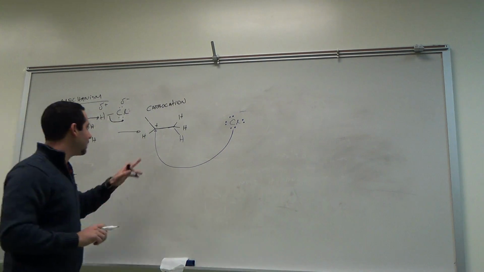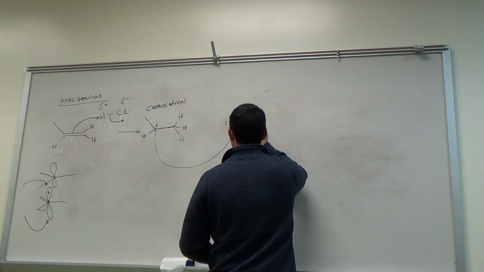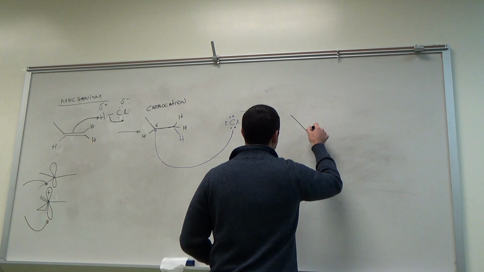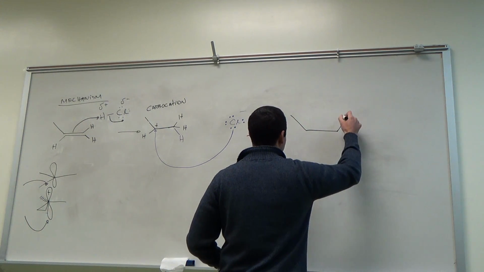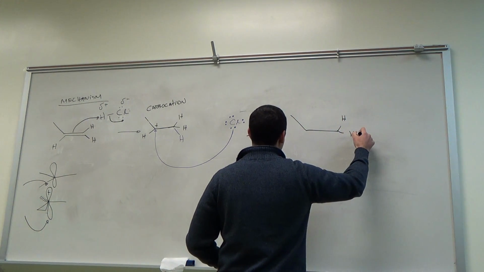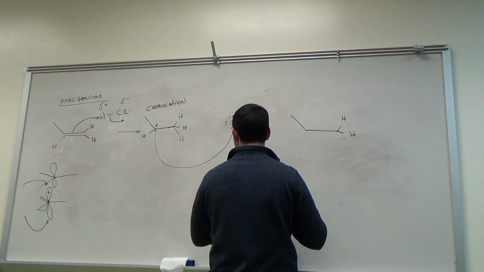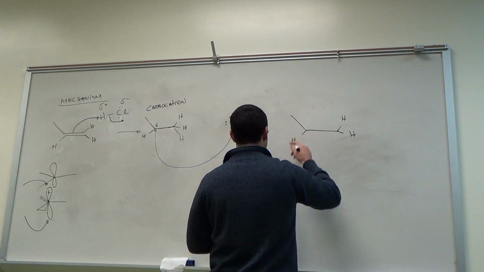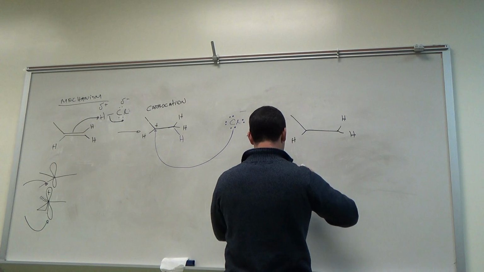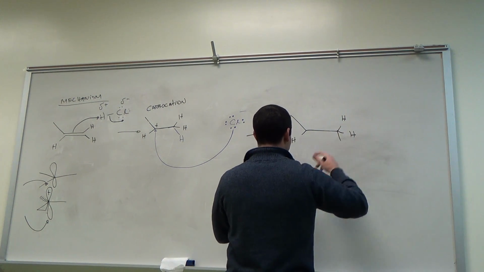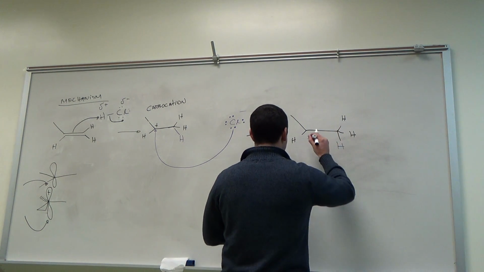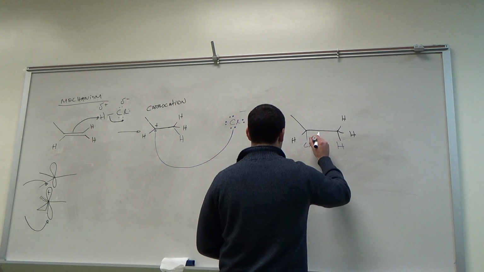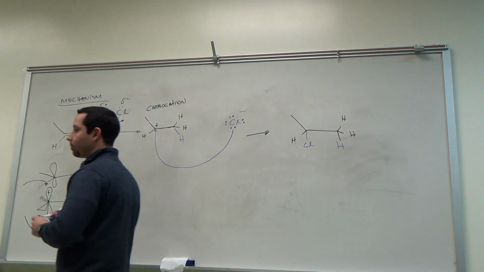Okay? And when it attacks that, what does it form? It forms this thing that I had from before, with a hydrogen here, and the other hydrogen. That electron was from this, and the Cl.